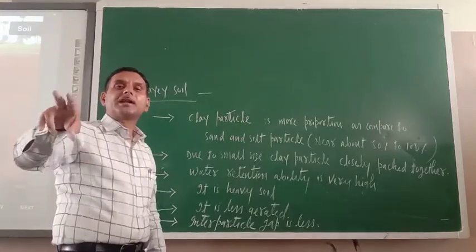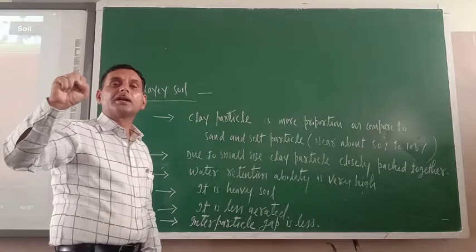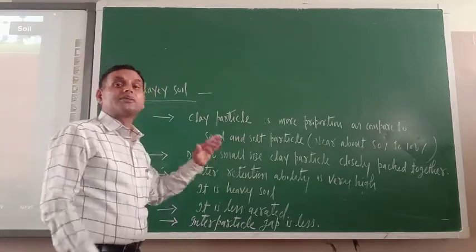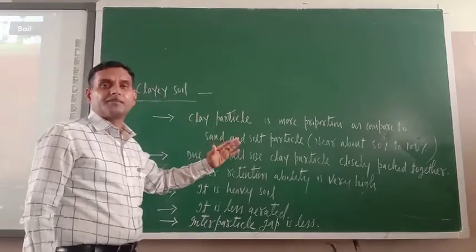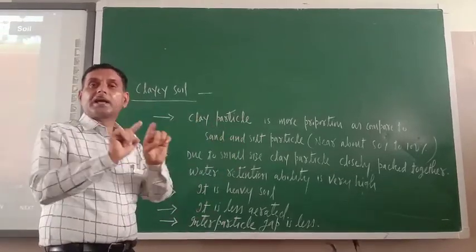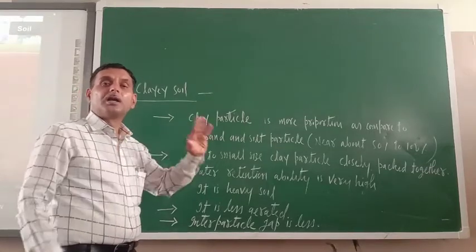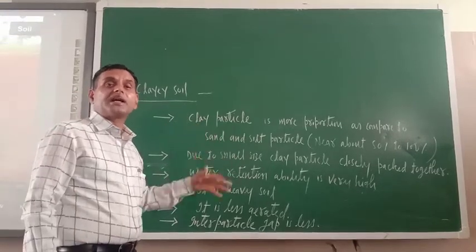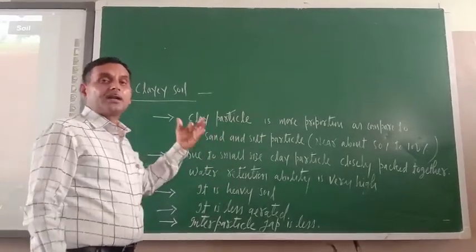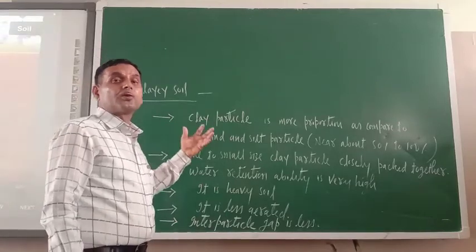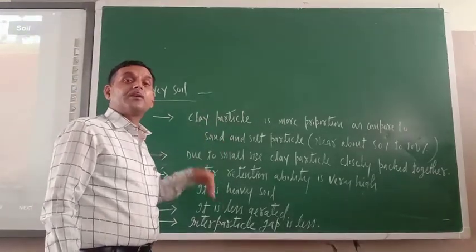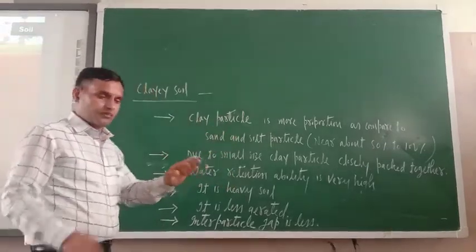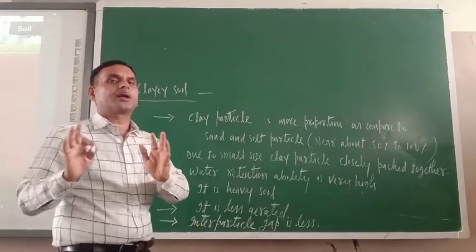When water will not drain quickly, it will hold the water to the fullest extent, means its water holding capacity is very high. And since the interparticle gap is small, it is less aerated. Since its water holding capacity is high, that is why it is a heavy soil. And this soil is very good for the growth of paddy crops and even for wheat crops also. But paddy crops require a lot of water.